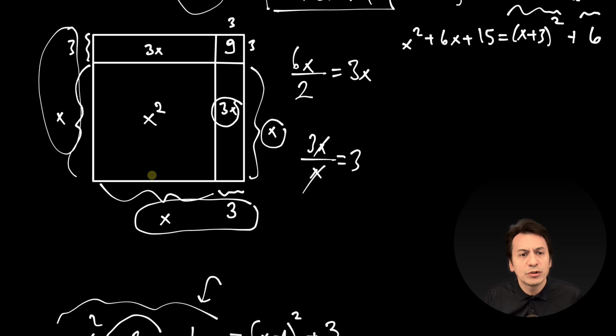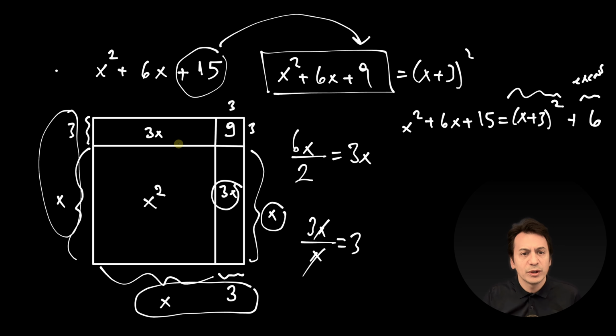Now it's time to figure out what's going on here. There's a pattern going on, and I must be aware of it. You see where this 3 comes from? It's half of this number, because half of this number is the shorter length of this rectangle, and then it goes to the area of the smaller square.